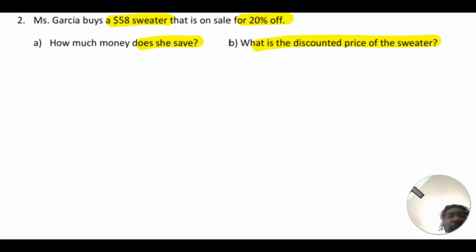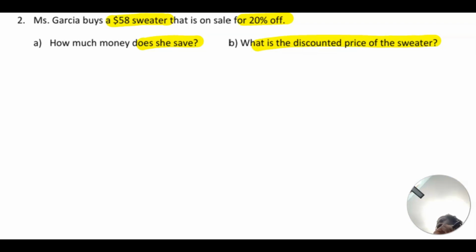With this question, I'm going to start off by using our percent equation, since I started off with the percent proportion last question. So let's write down our percent equation. But right before I jump into that, keep in mind Ms. Garcia is getting 20% off the original price of $58.